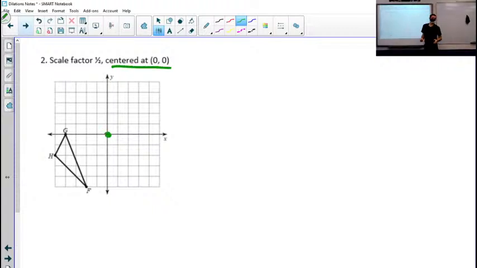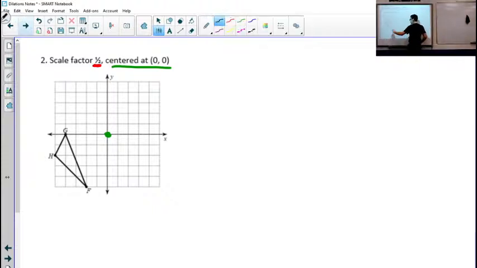So on the graph, we're going to count our distances from 0, 0 and multiply them by our scale factor. Because our scale factor in this case is 1/2, that means we're going to take all our distances and cut them in half. And that's going to create our dilation.